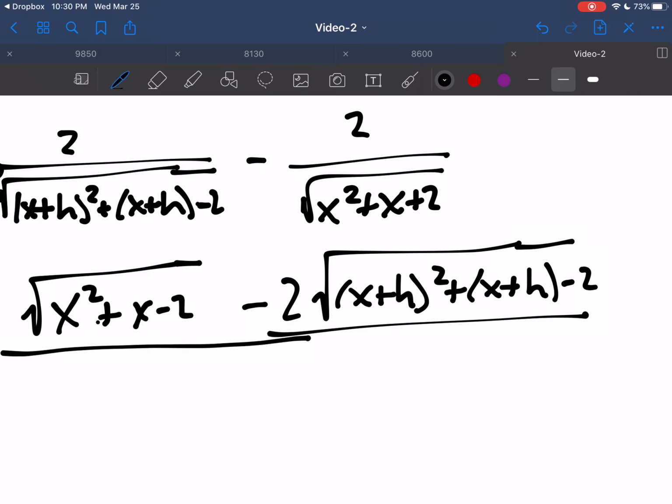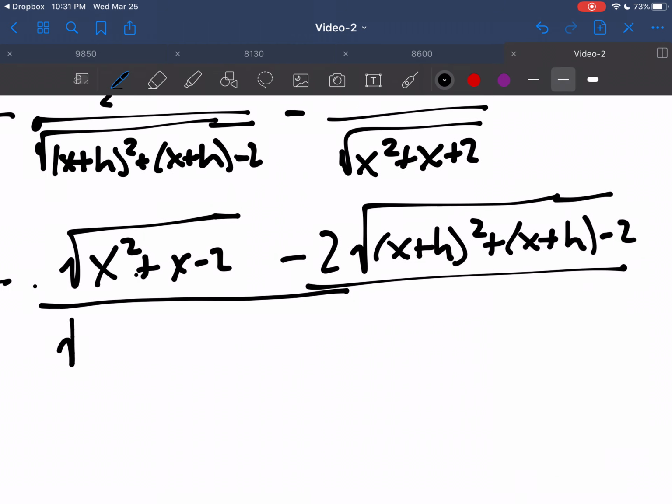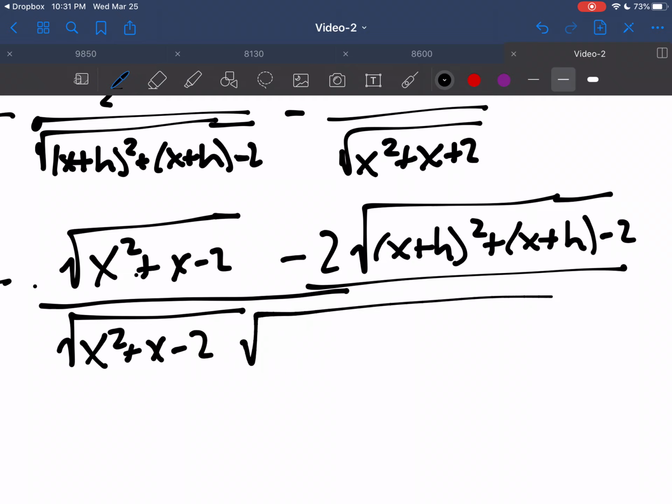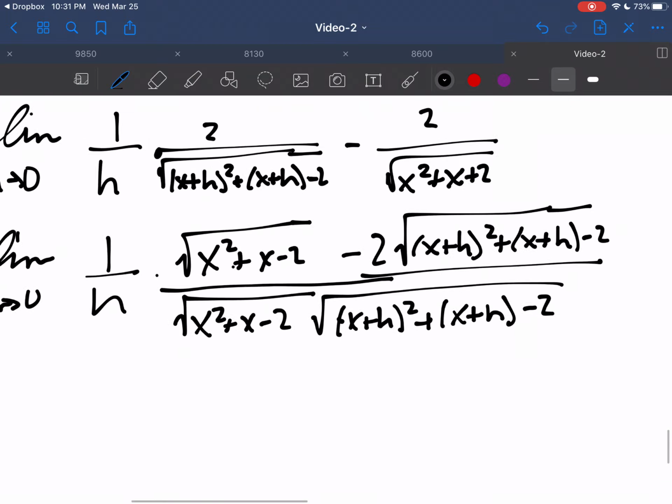And all that divided by square root of x squared plus x minus h times the square root of x plus h squared plus x plus h minus 2.